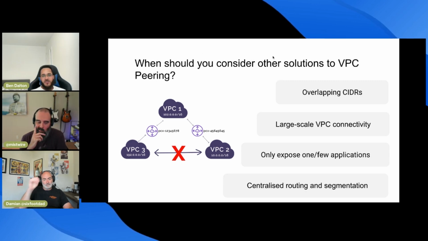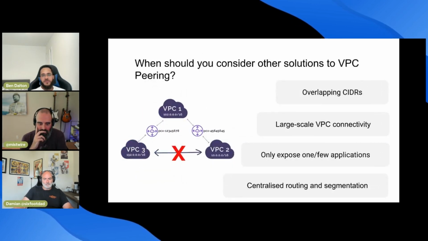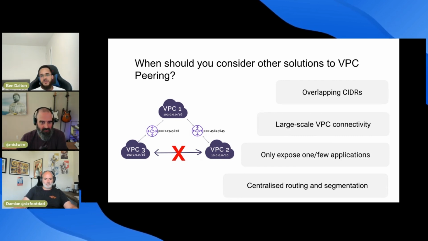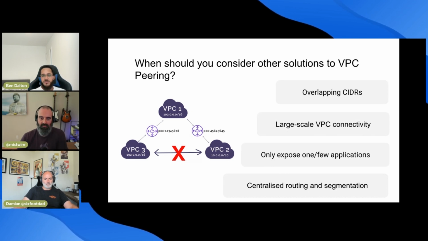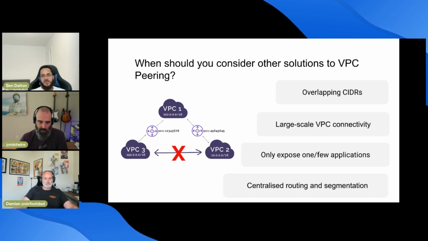VPC peering is not always the best solution for accessing different resources across VPCs. There are certain scenarios where you may not be able to use VPC peering, or it may not be the best solution. I've mentioned that VPC peering enables private connectivity between VPCs, and immediately you might think it's essentially exposing the whole network.